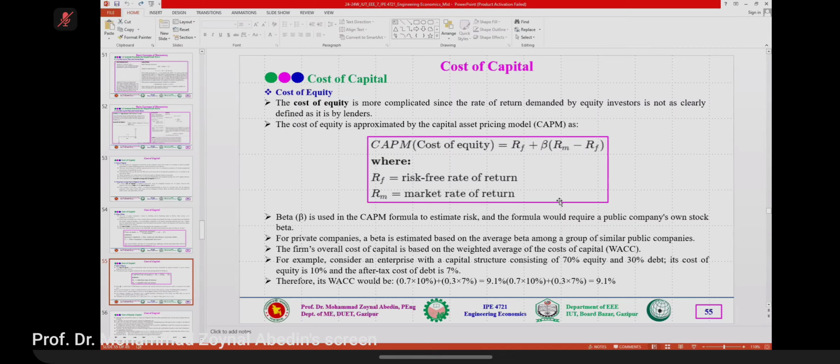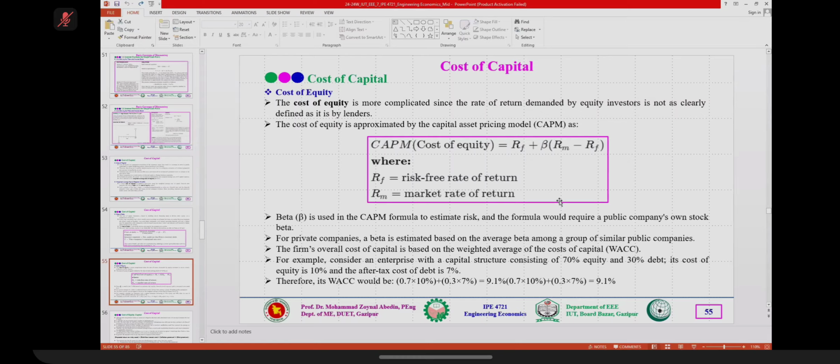Okay. Therefore, its WACC would be, with 70% equity and a cost of equity of 10%, 0.7 times 10% plus, because WACC is the cost of capital, we have to calculate it by considering the cost of equity and the cost of debt. Both will be given.